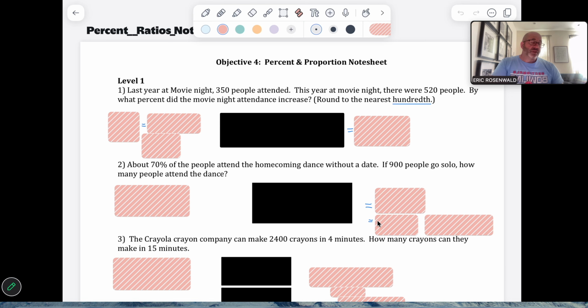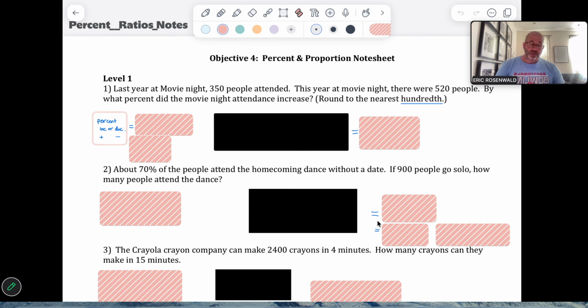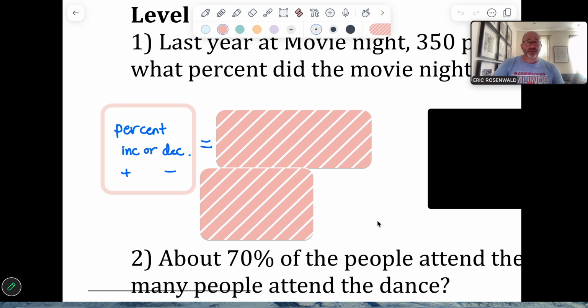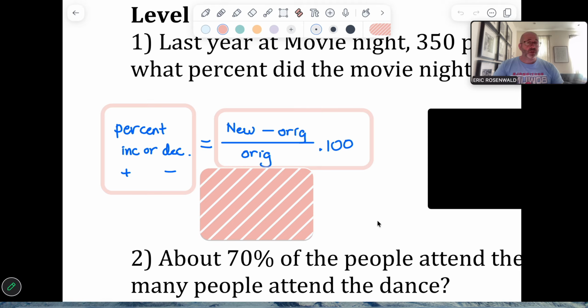So this is a classic case where we talk about percentage increase or percentage decrease. And there's a formula we use when we're talking about percentage increase and decrease. It's a real straightforward formula. If we get a positive value, it's increasing, and a negative value means it's decreasing. So what is this formula though? Well, it's whatever the new amount is minus the original amount divided by the original amount. And then we take that and multiply it by 100, that way we get a percent.